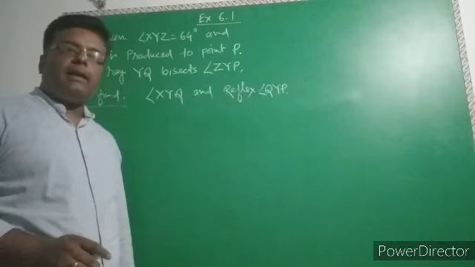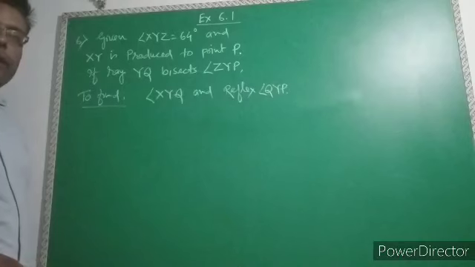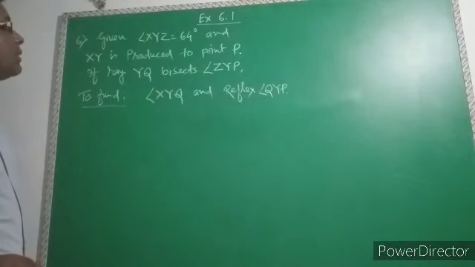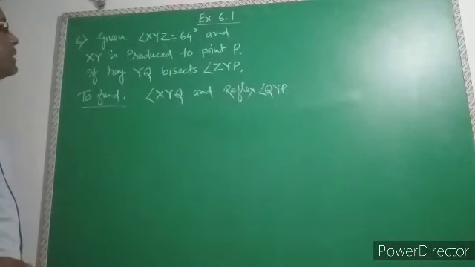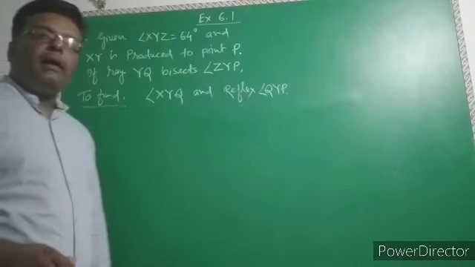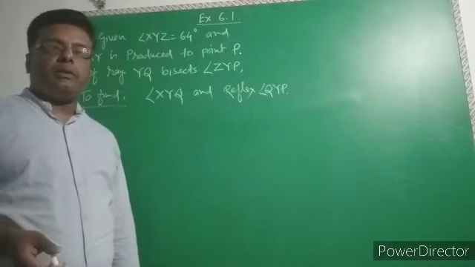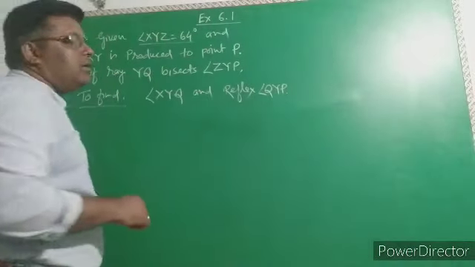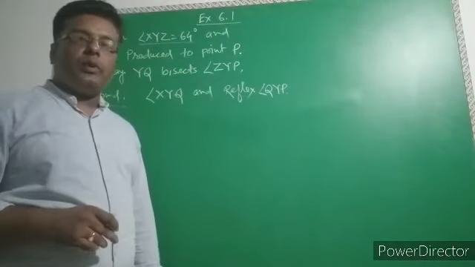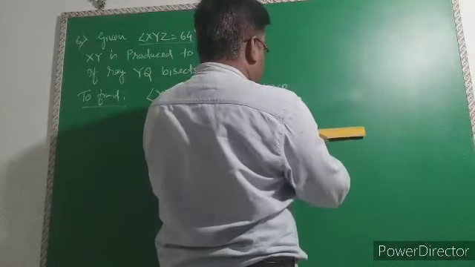So next is the last question of this exercise, question number 6. Given angle XYZ is equal to 64 degrees and XY is produced to point P. Now we have to draw the figure using the given information. First we have to draw an angle XYZ equal to 64 degrees using a protractor. So we will draw here using my scale.